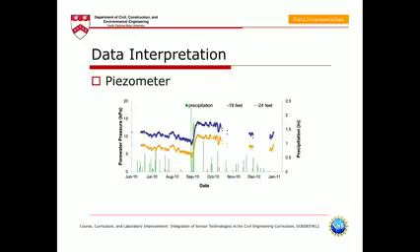If a piezometer reading or pressure is more than we expect, then we can take some action about the pore water pressure. So this is data interpretation.